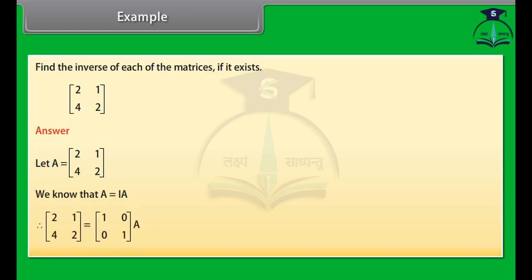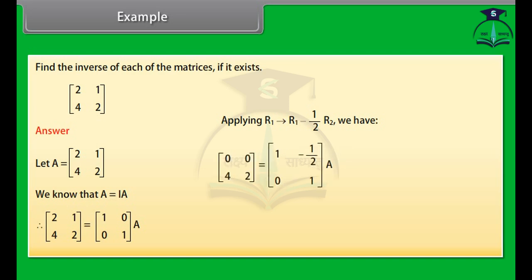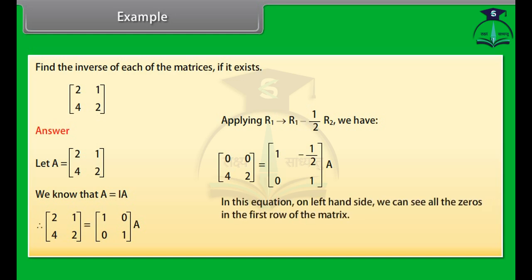Therefore, the matrix [2, 1; 4, 2] is equal to the matrix [1, 0; 0, 1] times A. Applying R1 changes to R1 minus 1/2 of R2, we have the matrix [0, 0; 4, 2] equal to [1, −1/2; 0, 1] times A. In this equation, on the left hand side, we can see all zeros in the first row of the matrix. Therefore, A inverse does not exist.